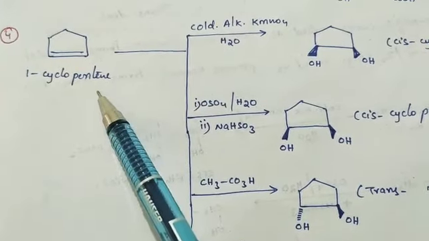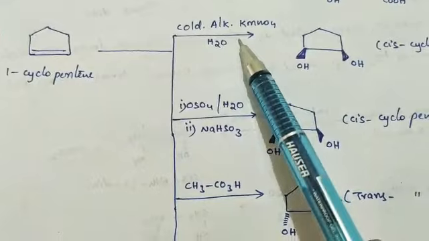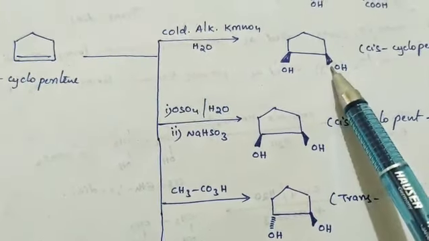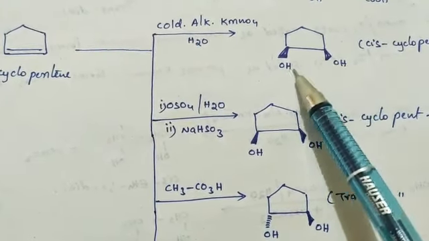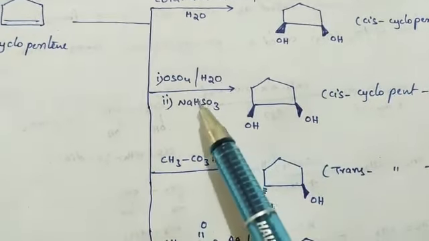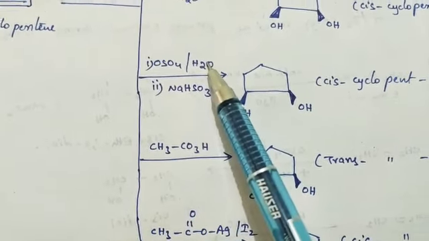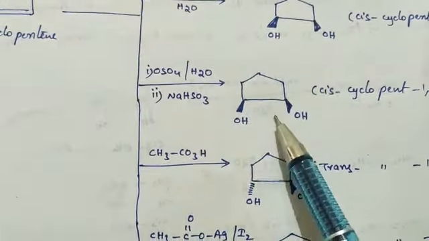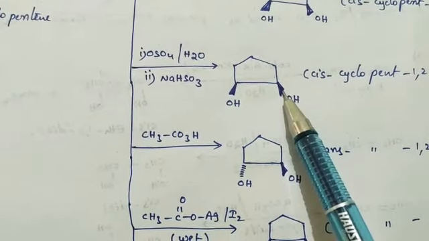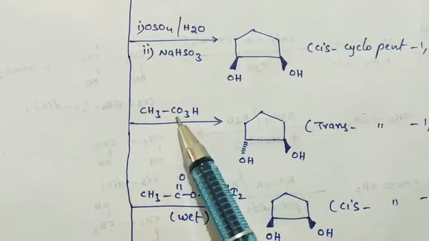Now let us see one more example, cyclopentene. We are adding Baeyer's reagent. Then OH groups are added on the same side. Therefore both are in dark lines, a cis compound. For this, we are adding osmium tetroxide, sodium bisulfite followed by hydrolysis. Then it forms a cis compound, with 2 dark lines. For this compound we are adding peracetic acid.